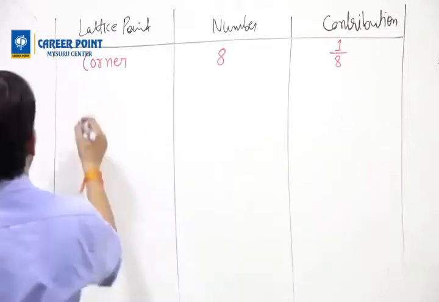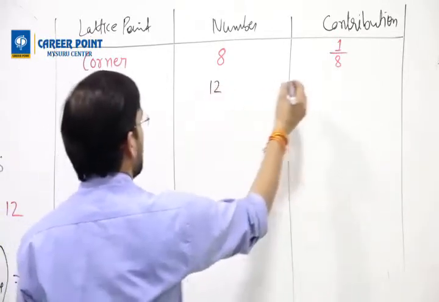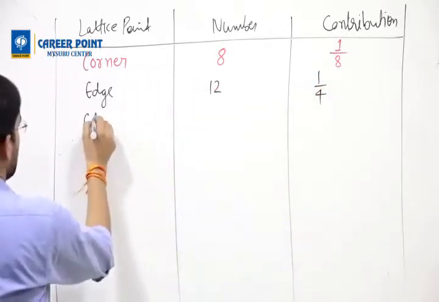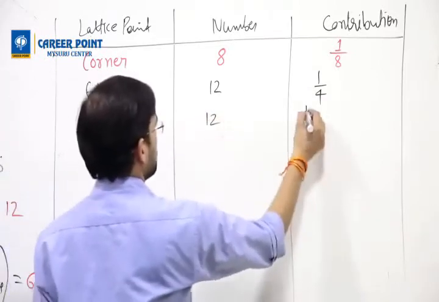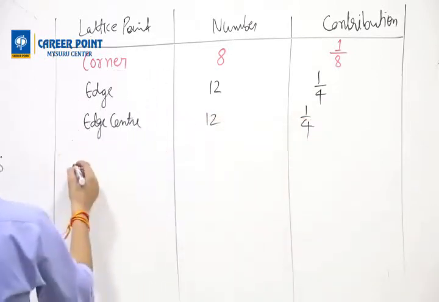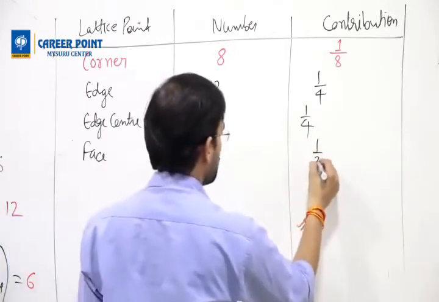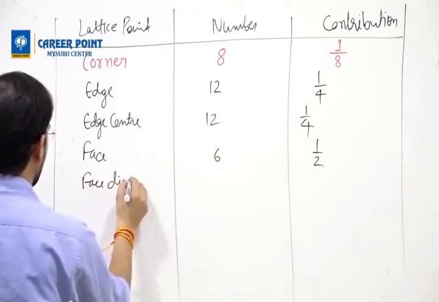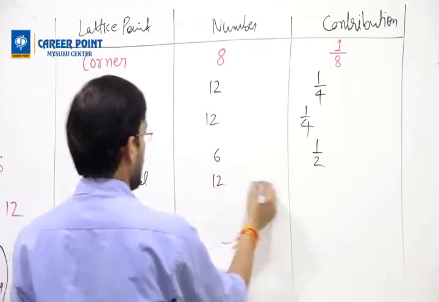After corners you have edges. There are 12 edges. The contribution is 1 by 4. Then the next is edge center, which are 12. The contribution is 1 by 4. Then faces. There are 6. The contribution is 1 by 2. Then face diagonals are 12.